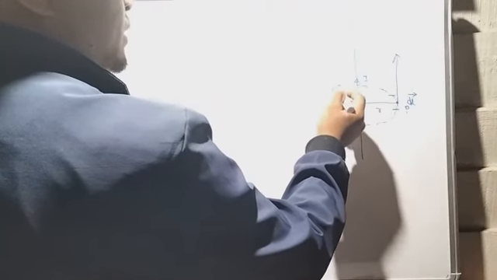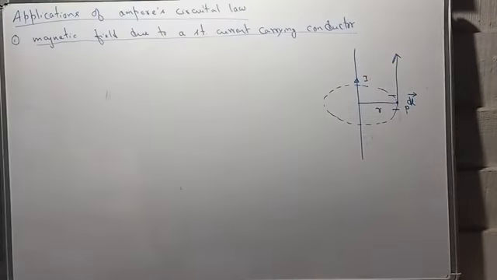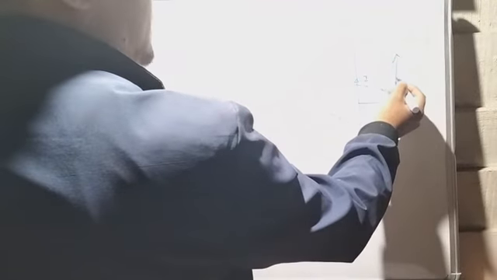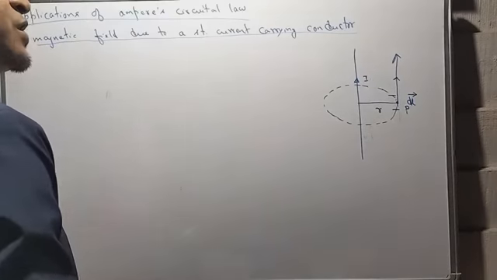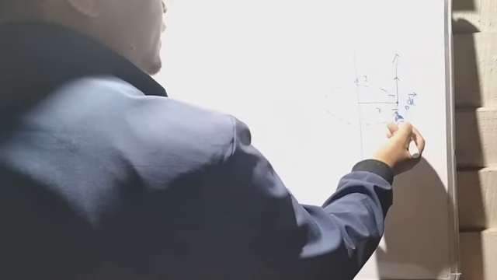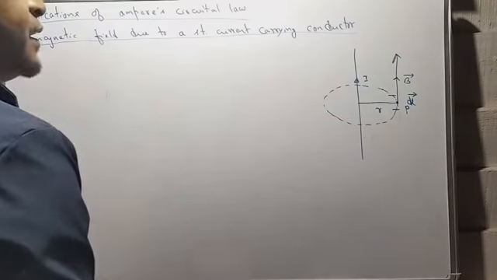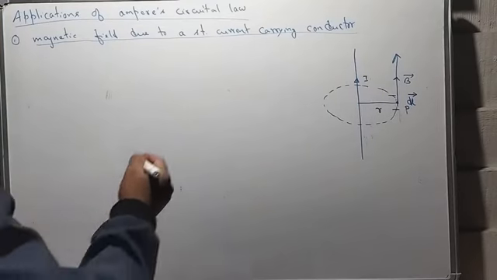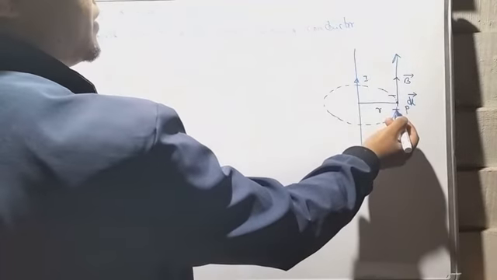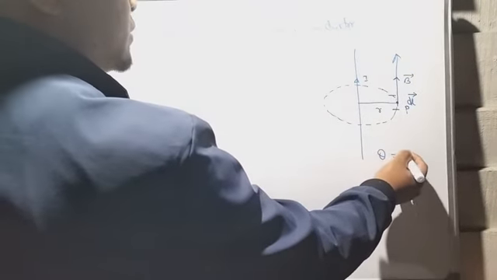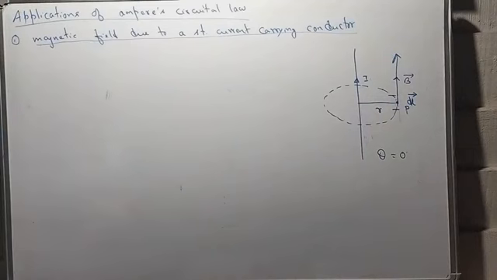Because at any point on the loop the magnetic field is always tangent to the loop, at this point P, if the strength of the magnetic field is B, then its direction will also be along the same direction as dl. So the angle between B and dl will be 0 degrees, which means theta equals 0 degrees.